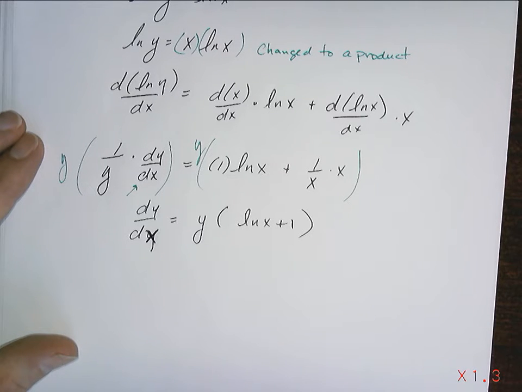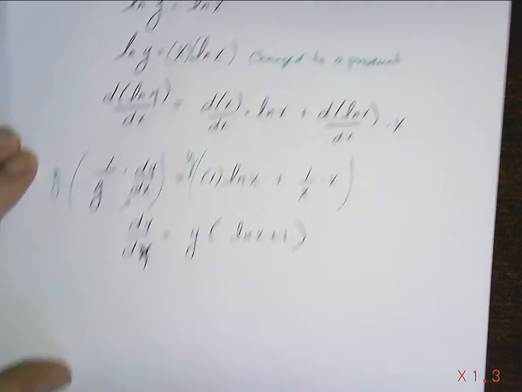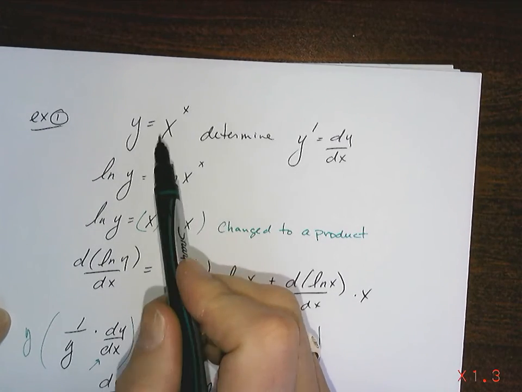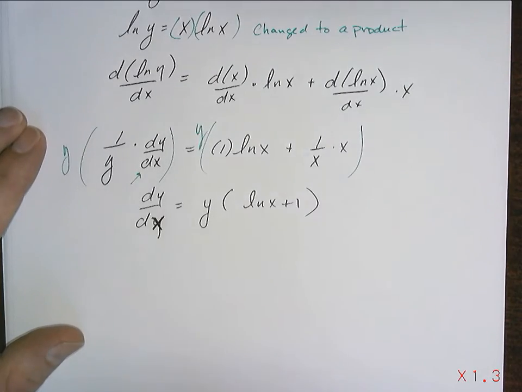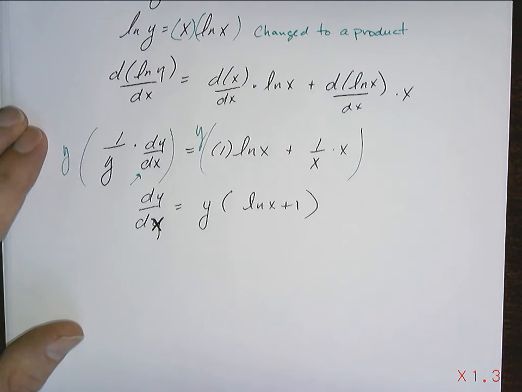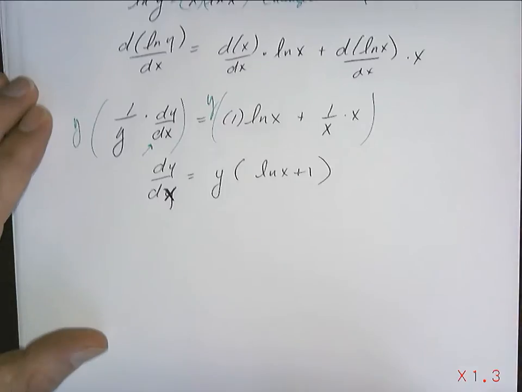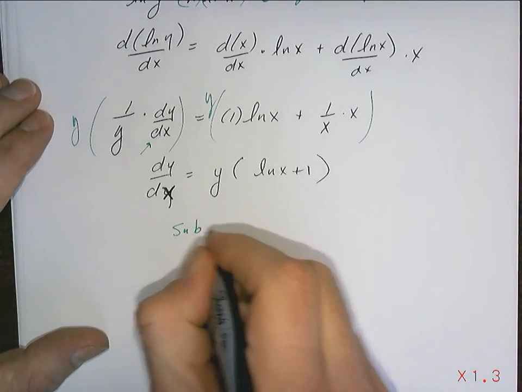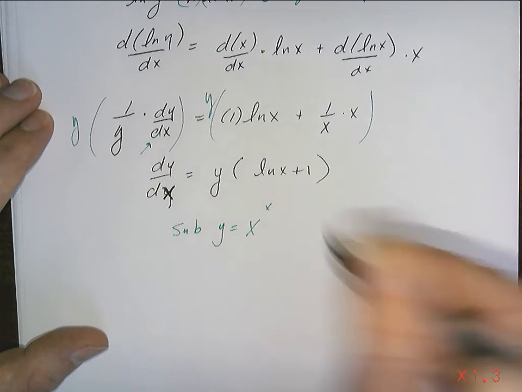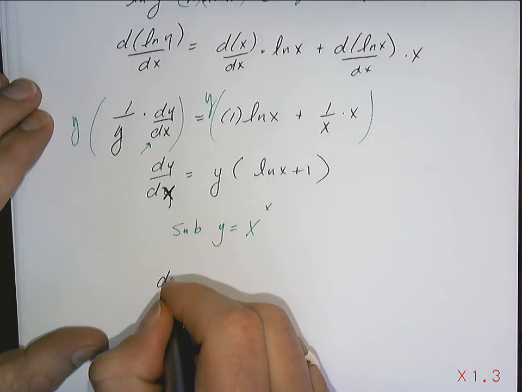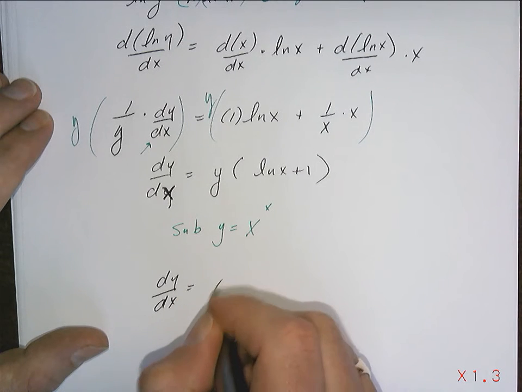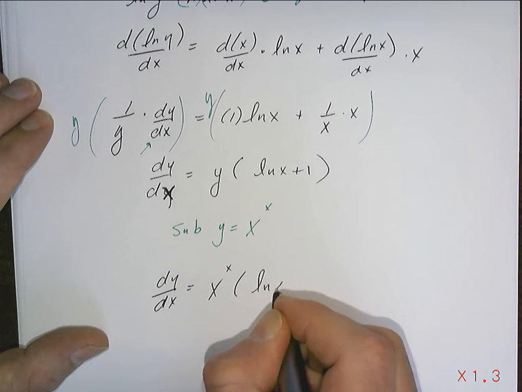Now, the last thing that you do is you want to substitute what y is back into the equation. Because your equation was given in terms of x's, you don't want to leave y's here. In the last one we did with implicit differentiation, we left y's because the question had y's in it. This one, it's got a y, but we know what y is in terms of x. So we're going to sub. And your final answer for this, the derivative, is x to the x times (ln x plus 1).